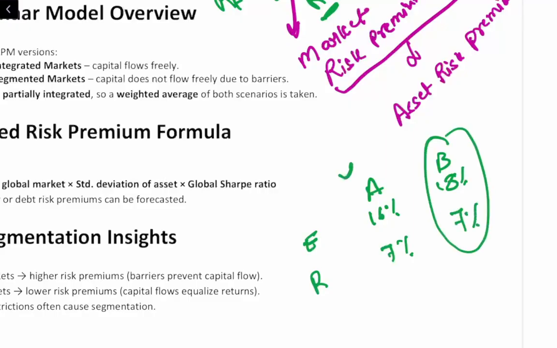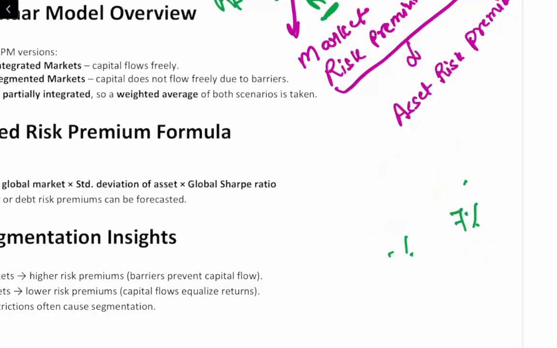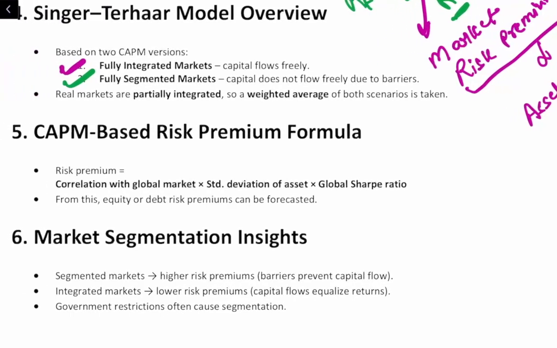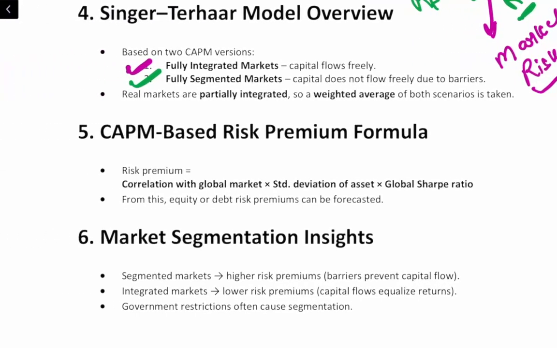B. You have A. But the issue is that you cannot move to the asset B because there is a restriction from the side of the government that you cannot move from one country to another country or one asset to another asset which is in another country because of the issues with respect to the flow of the capital. So second approach is how to calculate the risk premium in that situation.